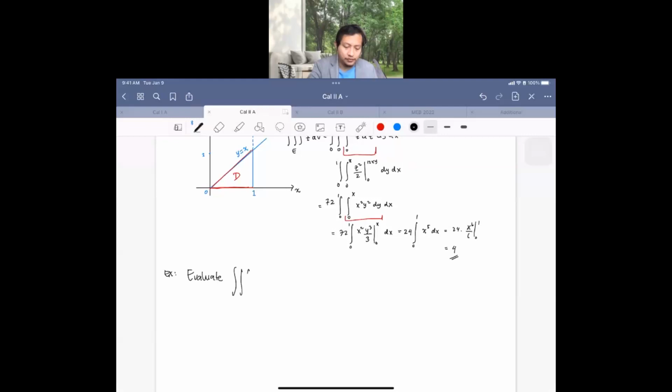Evaluate the triple integral, where E is bounded by y equals x squared plus z squared, y equals 4.